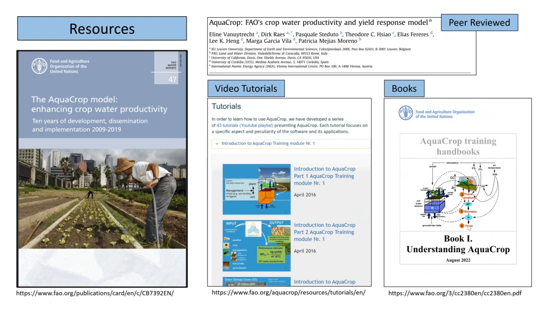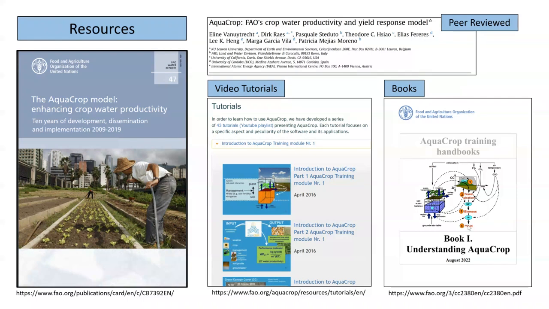So that concludes the look into the AquaCrop model. However, that was a very brief description of the model using very basic and default inputs and parameters. I encourage everyone to read more on the AquaCrop model if you have the time.